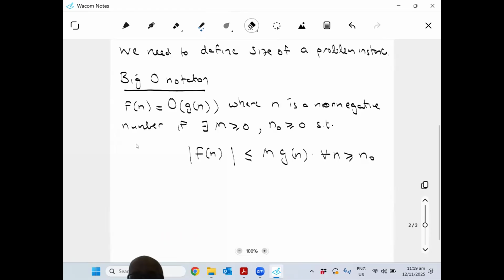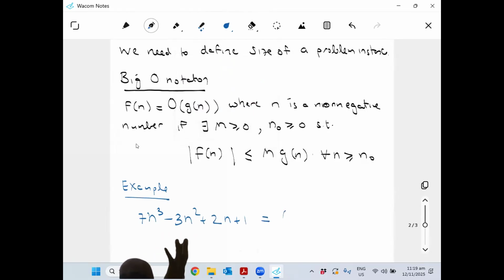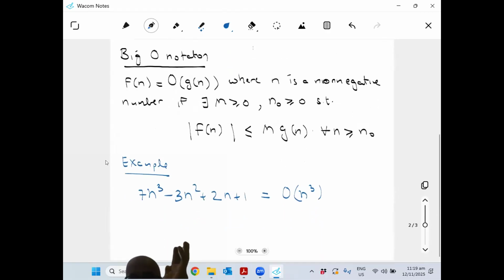So for example, if I give you a function, let's say 7n cubed minus 3n squared plus 2n plus 1. These numbers don't matter to me. 7, minus 3, 2, 1. What matters to me is this is a function which is of the order of n cubed. As n grows, the n cubed term will dominate everything else.